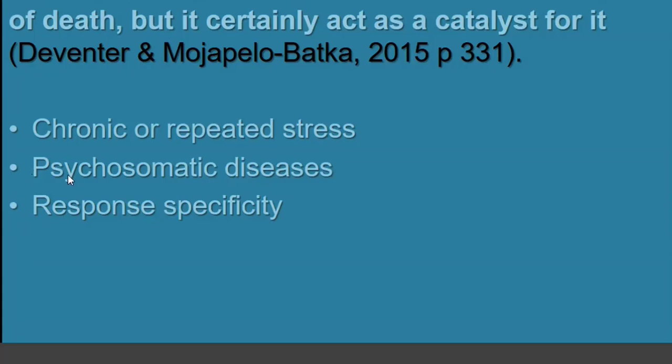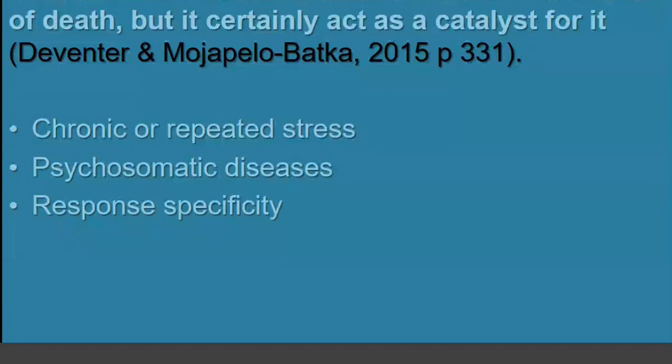It can influence psychosomatic disease, which is mostly chronic diseases: high blood pressure, cardiovascular disease, heart problems, cancer, HIV, due to prolonged stress. Stress can make your disease worse. They say this does not mean that stress is the direct cause of death or illness, but it acts as a catalyst. It influences your body to be affected worse by the illness.